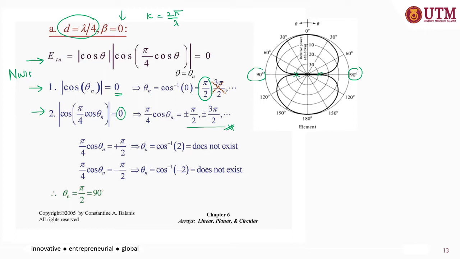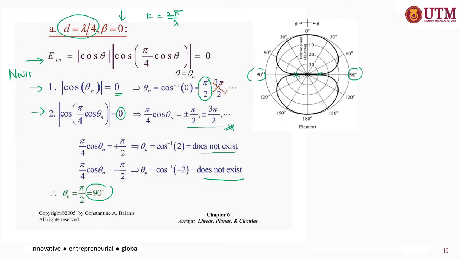Now try to get the theta values. When you take the inverse cos of those values, you get an error, it doesn't exist. So from these, only one null occurs, at 90 degrees or pi over 2.